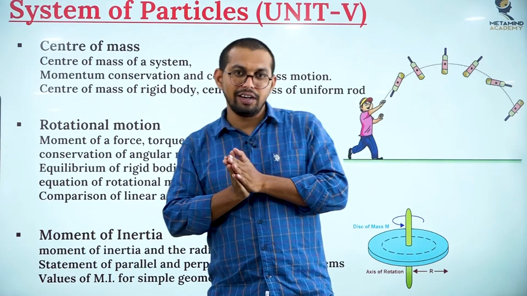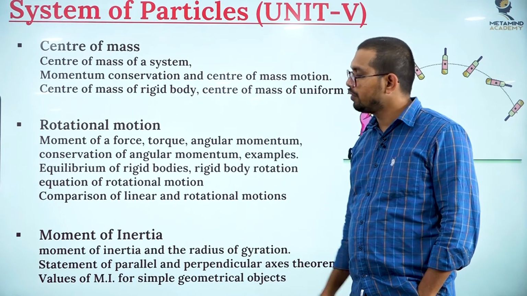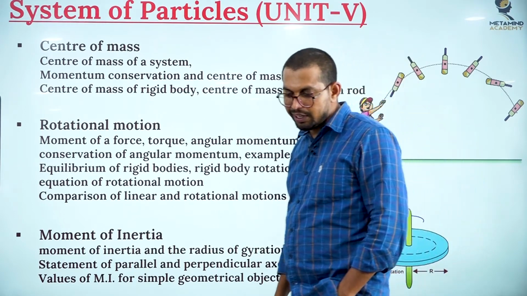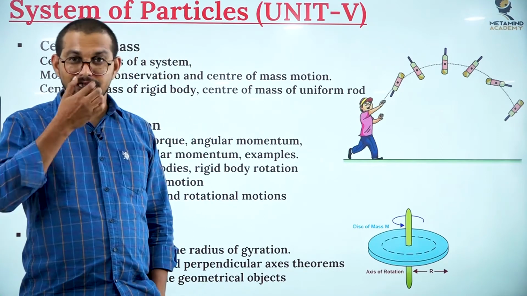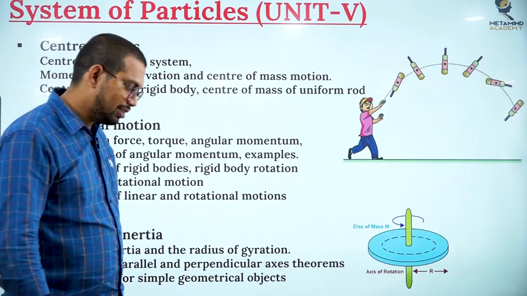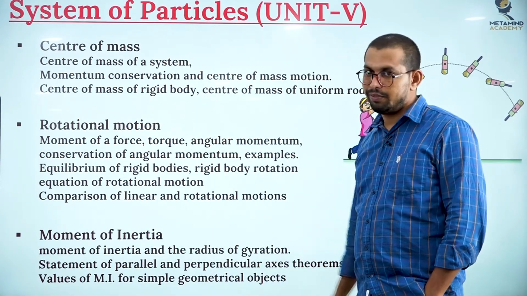How we make that and how to deal with it, we will be discussing in the center of mass concept. There we will be discussing addition, conservation of momentum, frame of reference, motion of center of mass. All these concepts and ideas will be dealt with in the first part of system of particles.